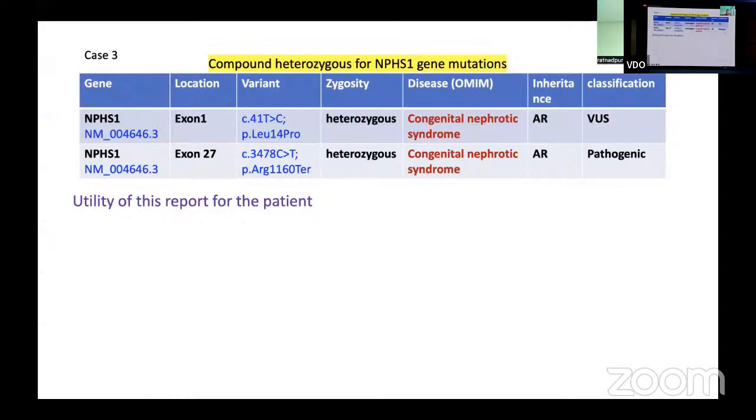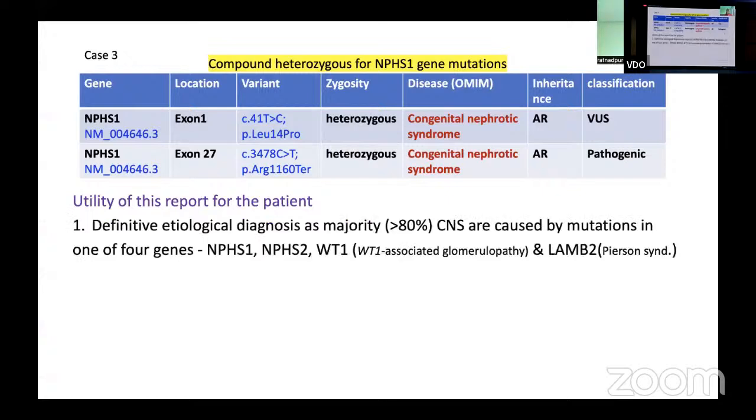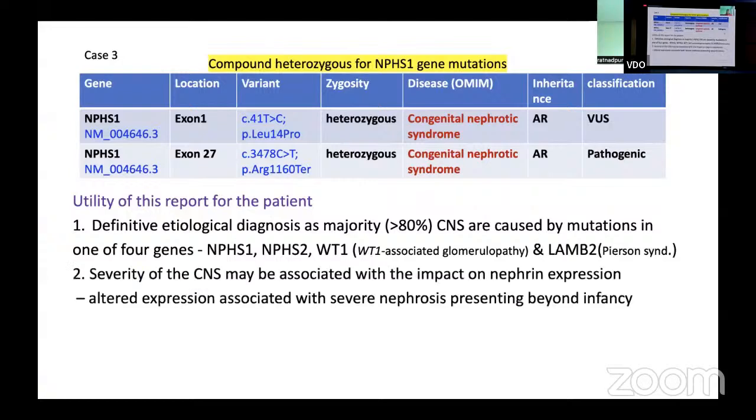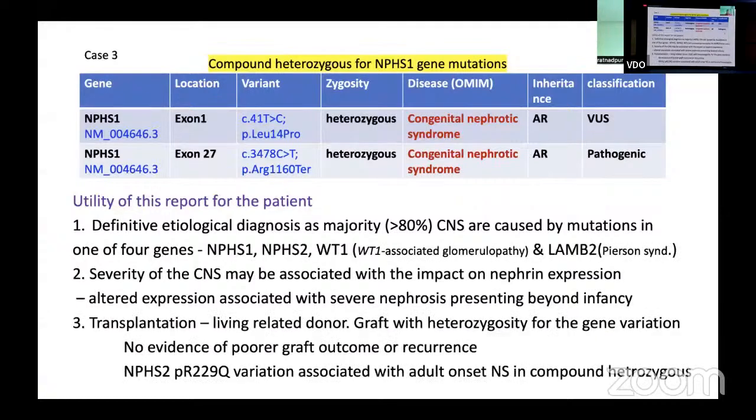We always knew that the patient had steroid-resistant nephrotic syndrome. What does this report add? It gives you a definitive etiology because there are so many genes that can cause disease phenotype. It can be autosomal dominant, it can be X-linked, it can be autosomal recessive. And we know that this is a severe phenotype. And then for transplantation, because it's a recessive disorder, we can use a living related donor for NPHS1.